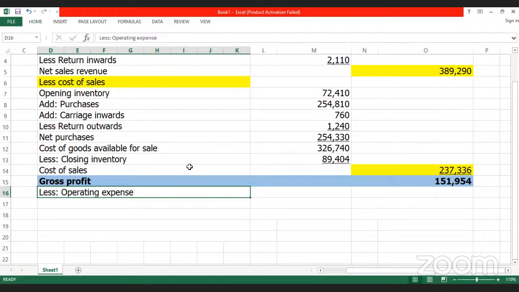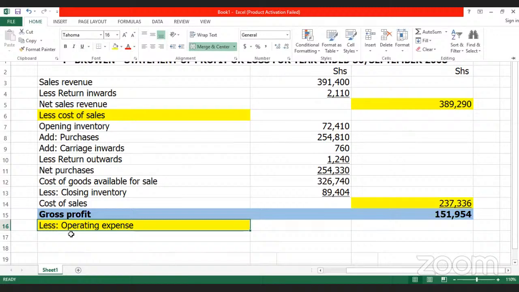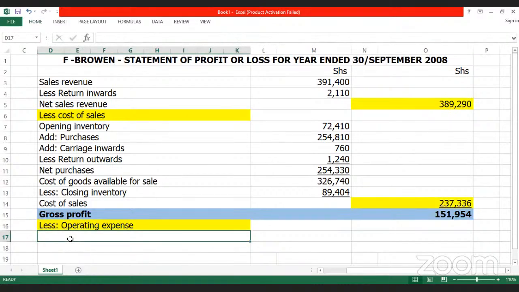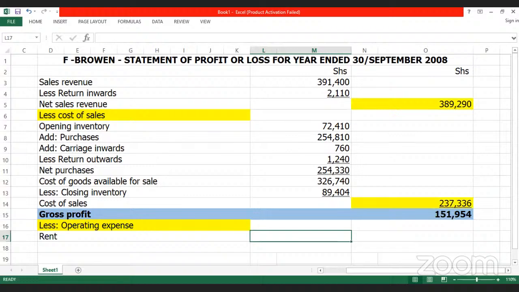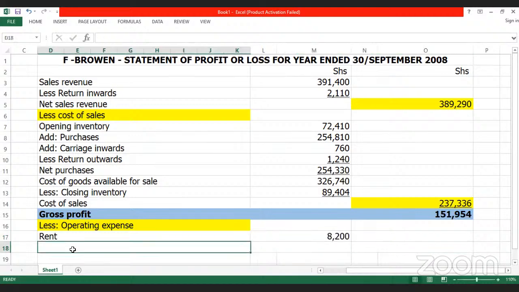So under operating expenses, what do we have? Rent. There is rent, good. How much is the rent? 8,200. Which other expenses do we have?